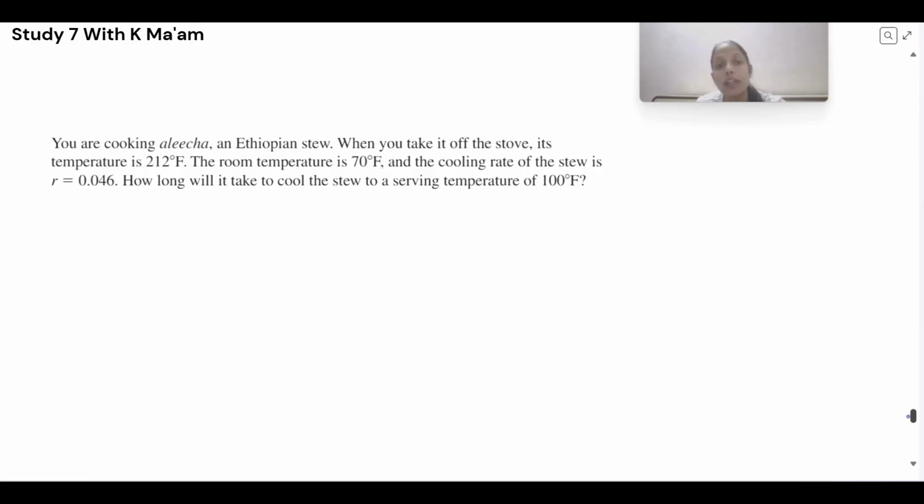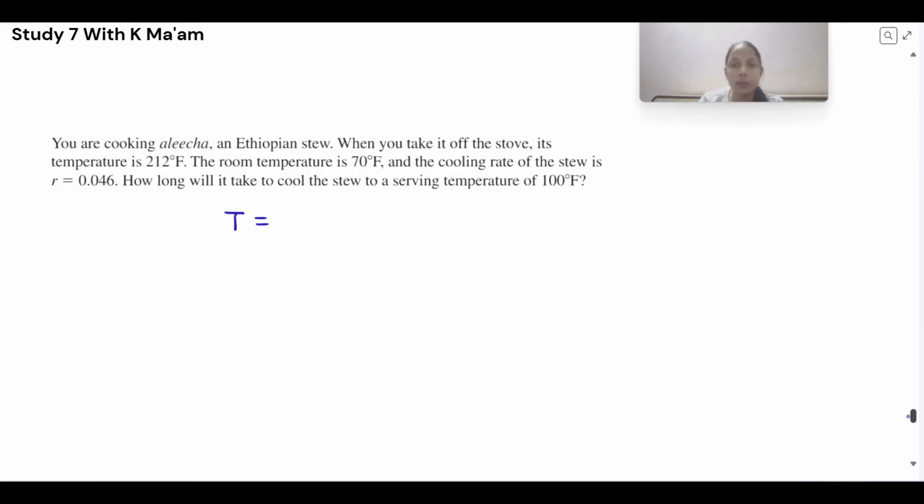How long will it take to cool the stew to a serving temperature of 100 degrees Fahrenheit? Here we have to use Newton's law of cooling, and the formula will be provided to you in this question. Capital T is the temperature, small t is the time here.